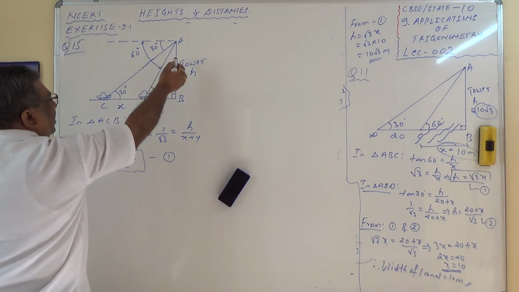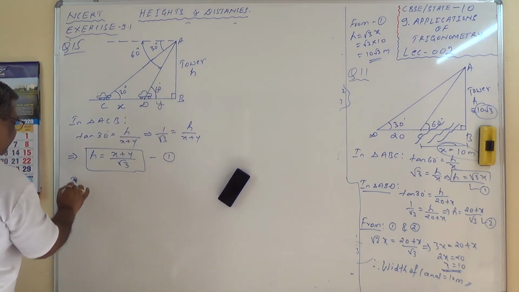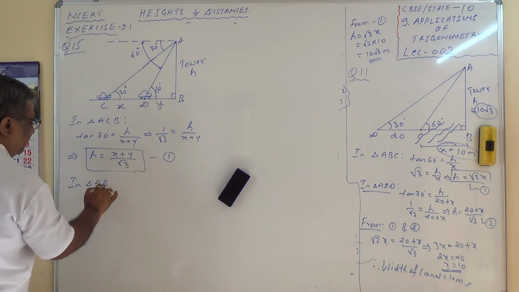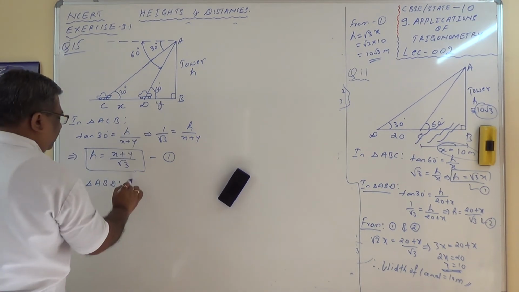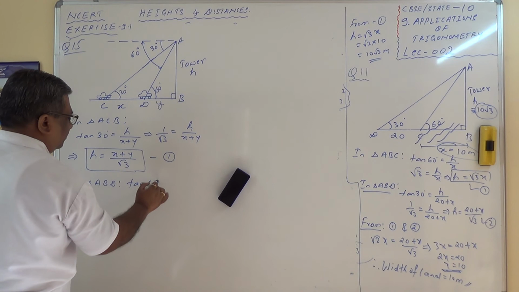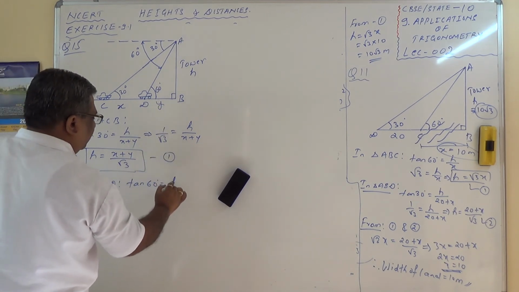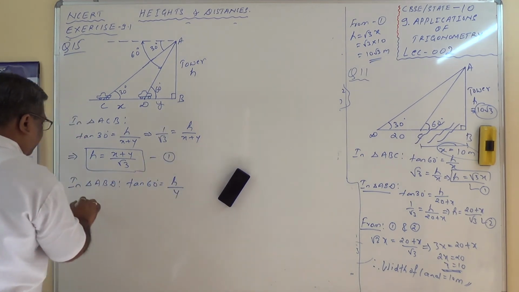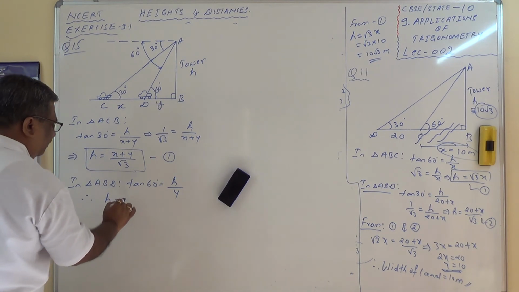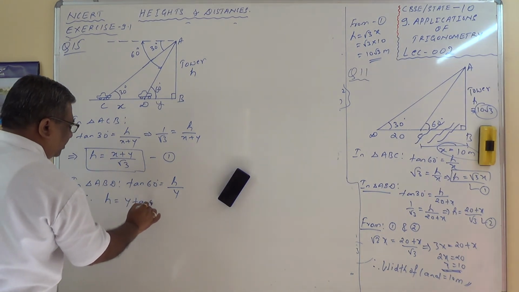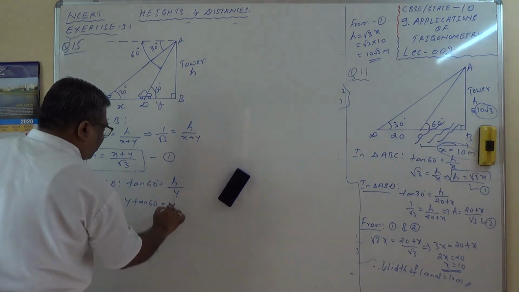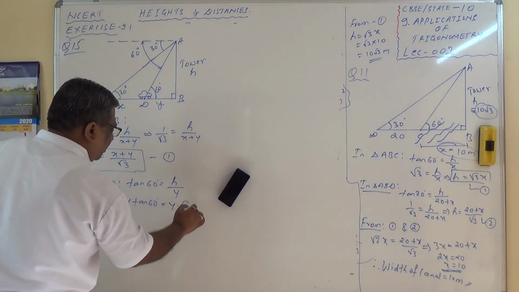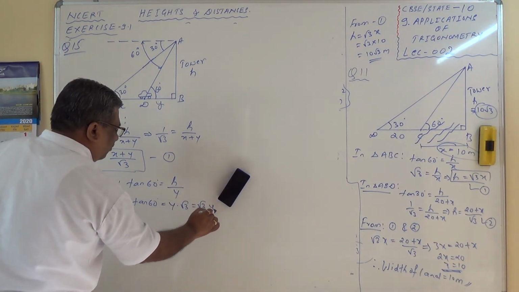In triangle ABD, tan 60 equals h by y. Therefore h equals y tan 60, which is root 3 times y.